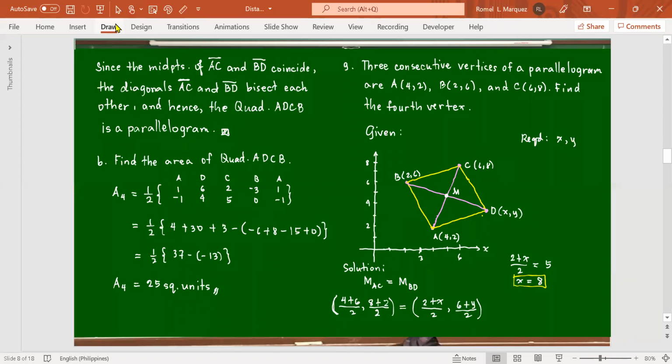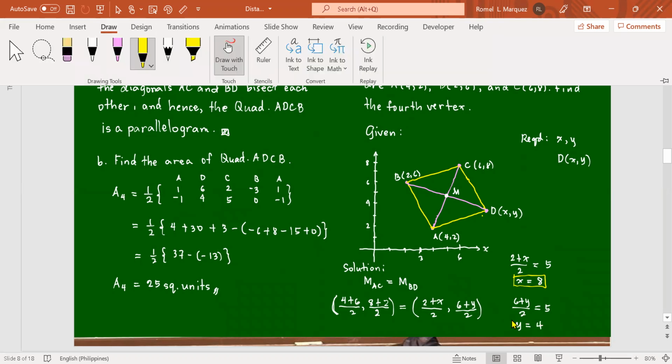Actually, what we want is not really x and y, but point D. So what about the other one? (6 plus y) all over 2 is equal to 5, so y is equal to 4. So what is point D?